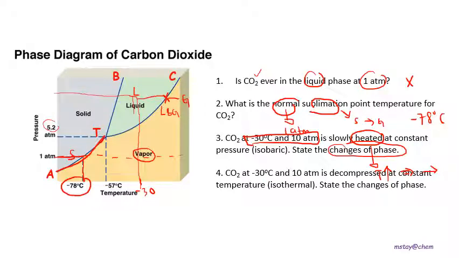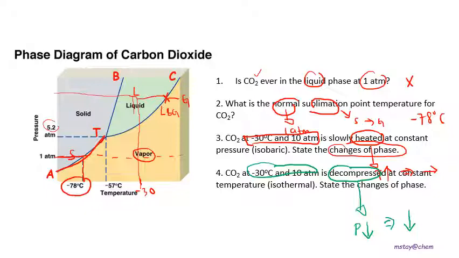So the next question is question number 4. At the same point, negative 30 degrees Celsius and 10 atm, but this time it is going to decompress. Decompress means pressure is decreased. So if pressure decreases, we are going to move down the phase diagram.